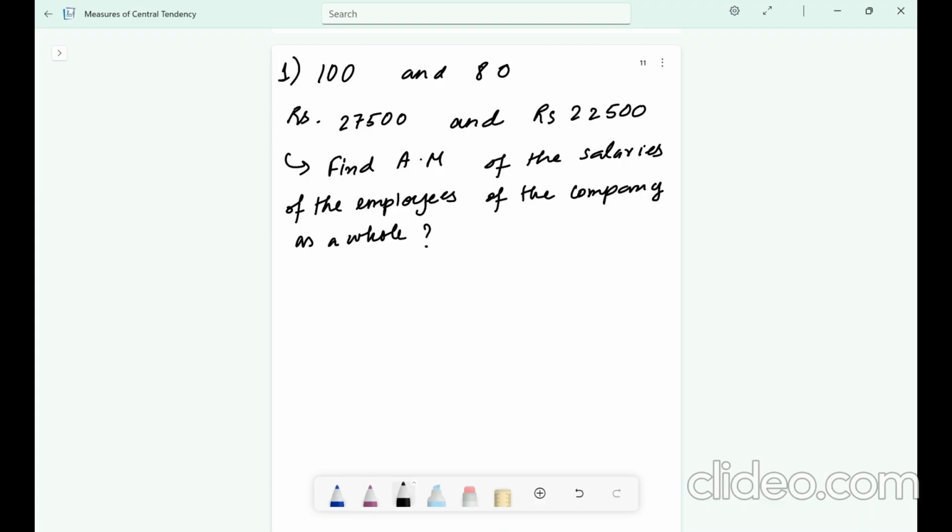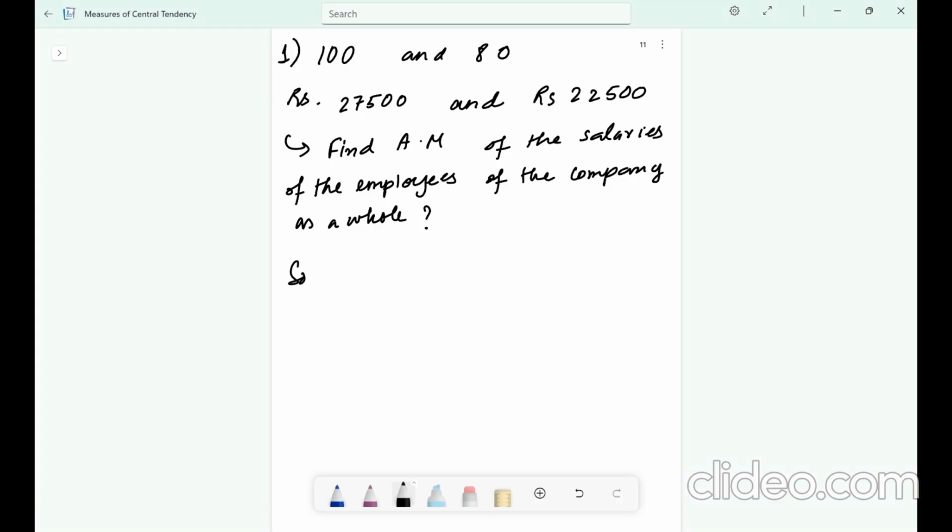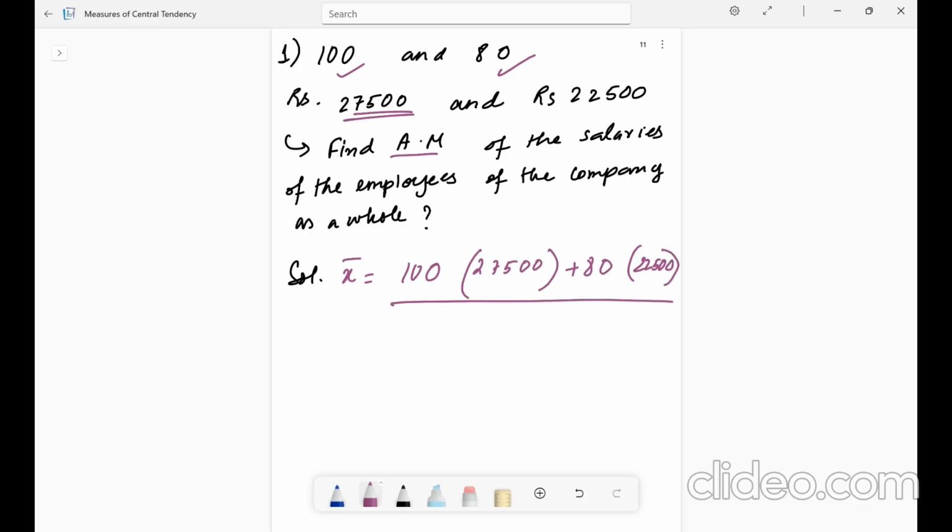How do you solve it? Yes. So the mean is 100 N1 times X1, or the AM, 27500, plus 80 N2 times 22500, divided by 180, that is 100 plus 80.